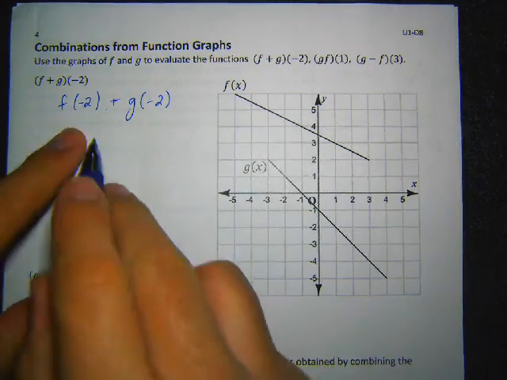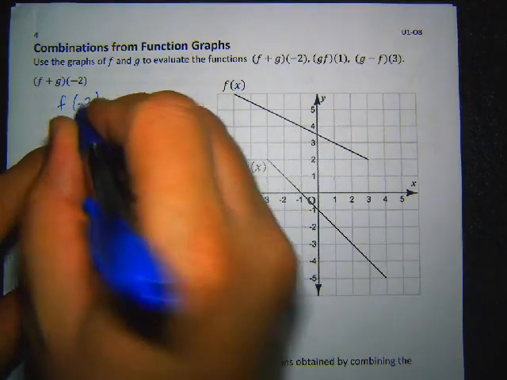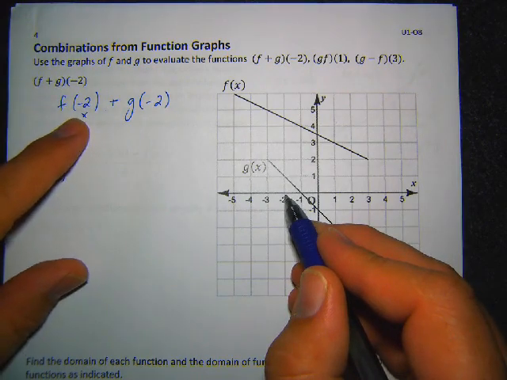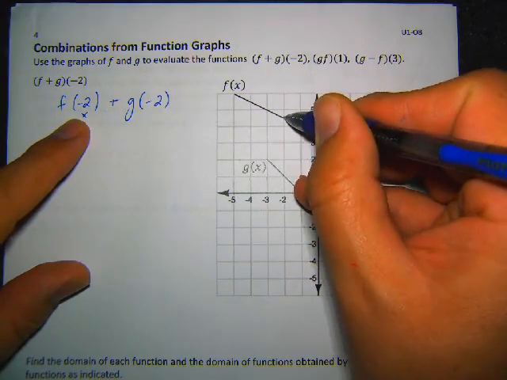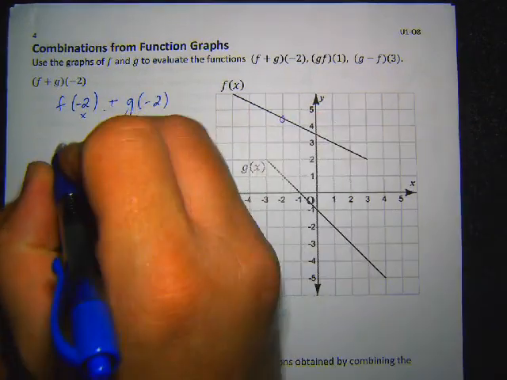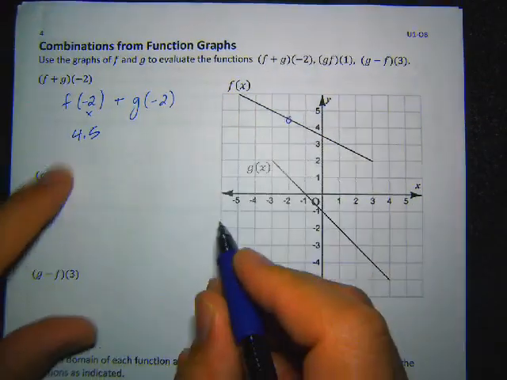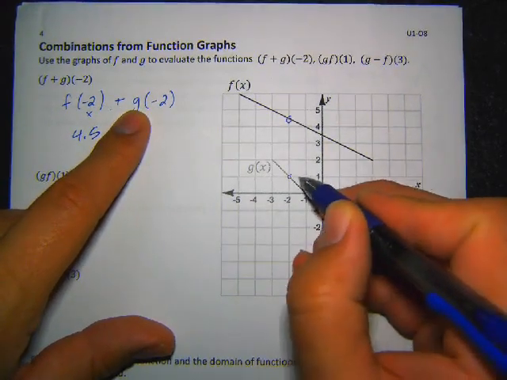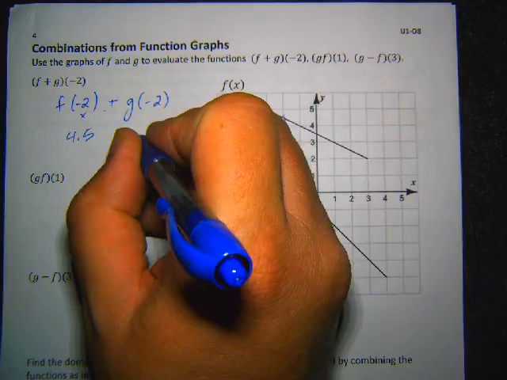So remember, when you evaluate off a graph, x is the number we plugged in, so x is negative 2. And so I go to negative 2 and I find the f function. Well, at negative 2, the f function is right here. It looks like it's about 4.5. So we'll say this one is 4.5. The g function at negative 2 looks like it's right here. The g function is going to be 1. So for g, we get 1.